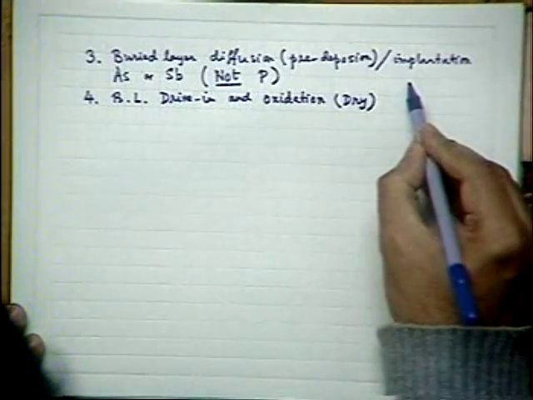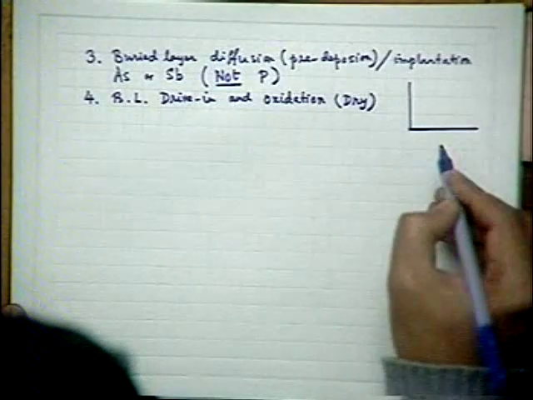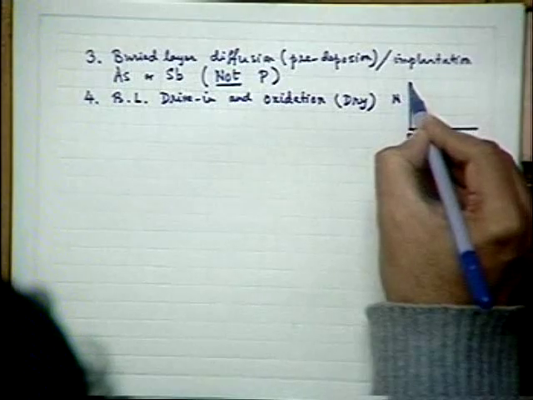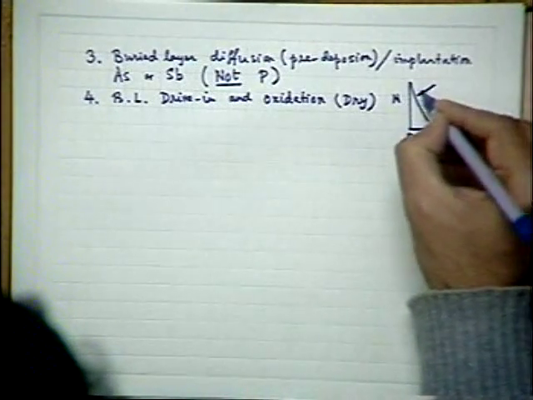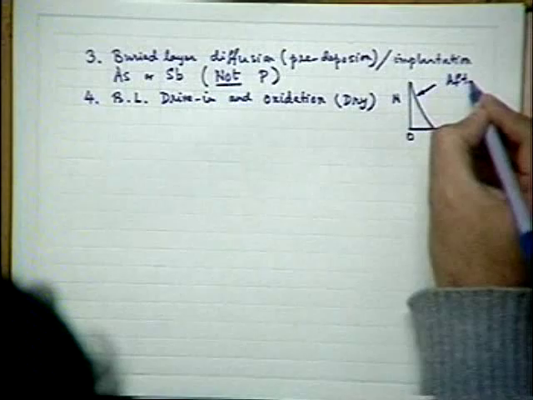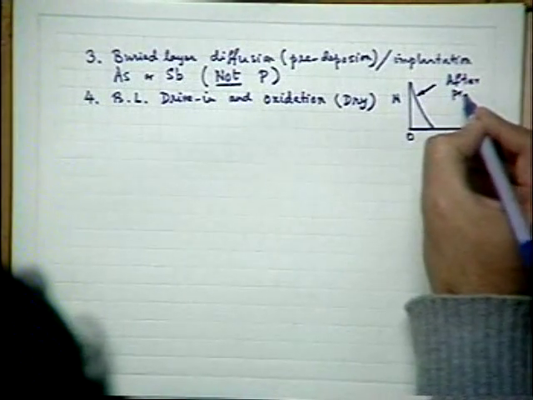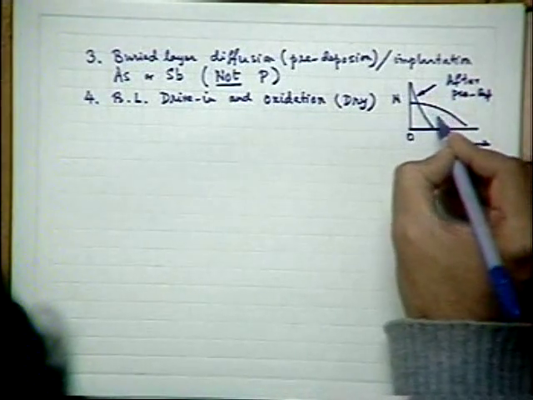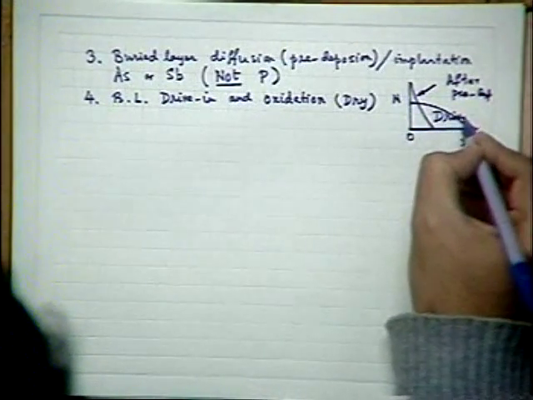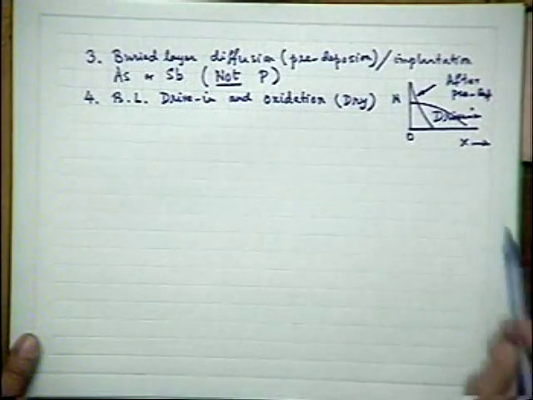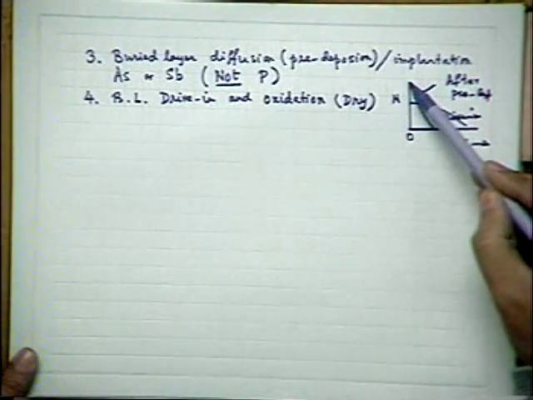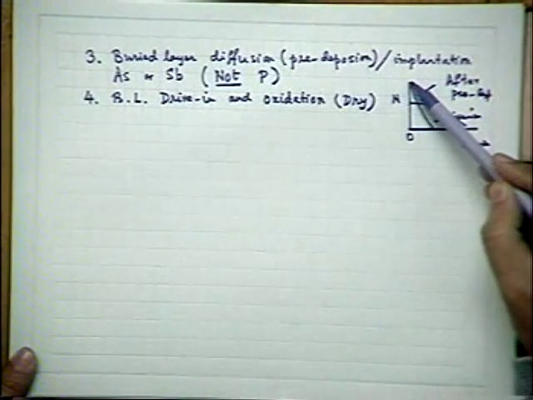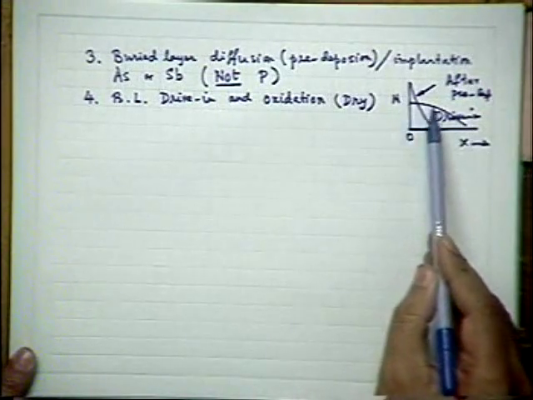If this is the doping distribution, with 0, X, N axes: after pre-dip, the distribution of impurities is very sharp and confined near the surface with a very high surface concentration, whereas after drive-in there is a lot of redistribution.